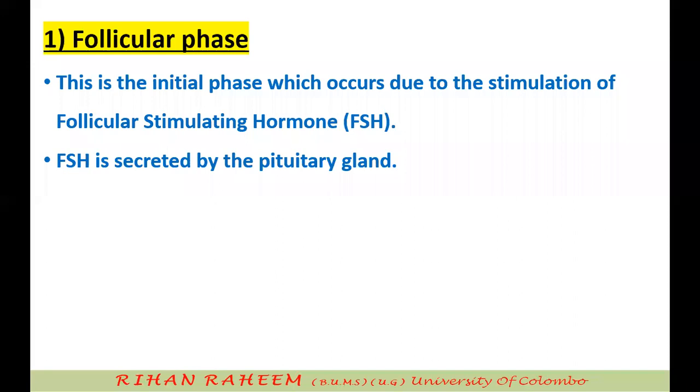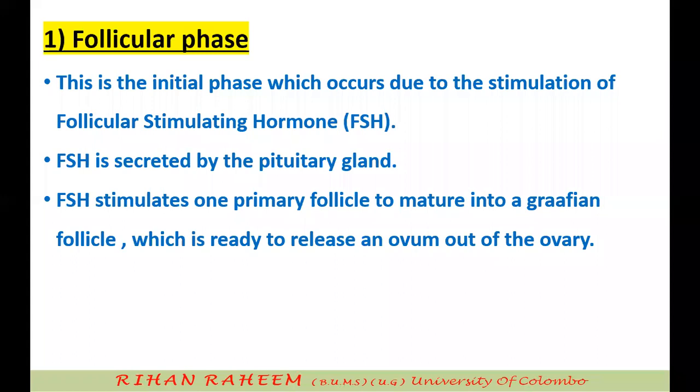In the pituitary, many hormones needed for the body are produced. One of them is FSH. The growth hormone, all those are from the pituitary. The one related to sexual reproduction is FSH, follicle stimulating hormone. So you know the hormone, where it is produced, and what it is doing. It is starting the follicular phase of the ovarian cycle.